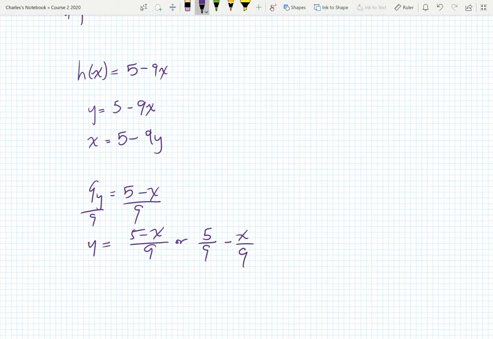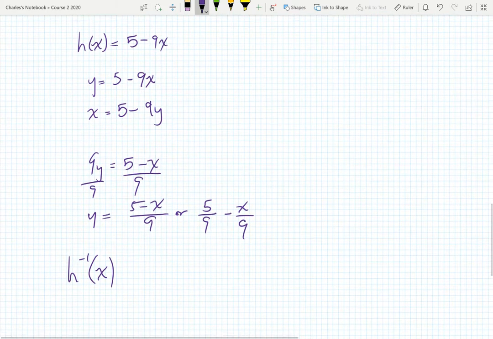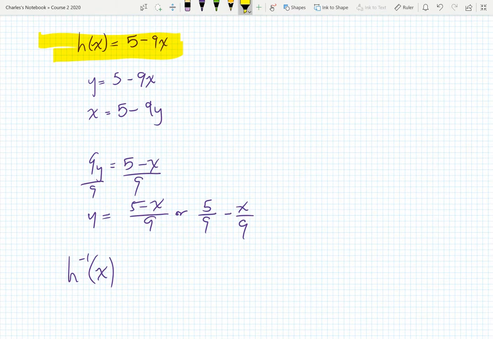And then the step before the final step is rewriting it in the same notation that it was given. And so this -1 right here, when you read this aloud, you read h, then you read inverse of x.